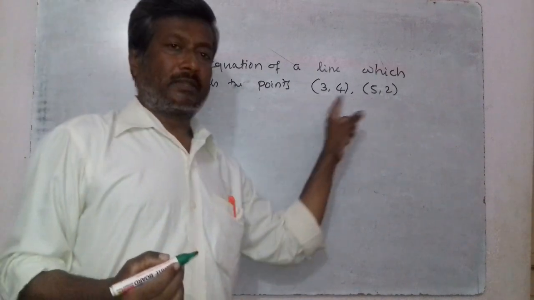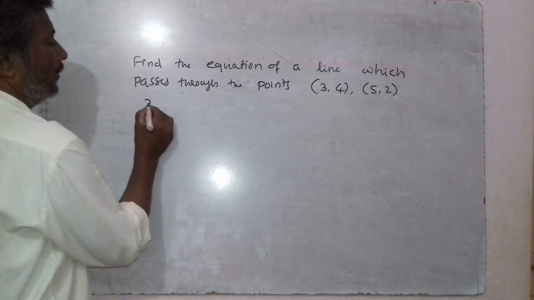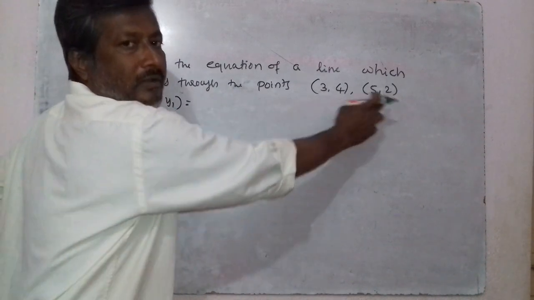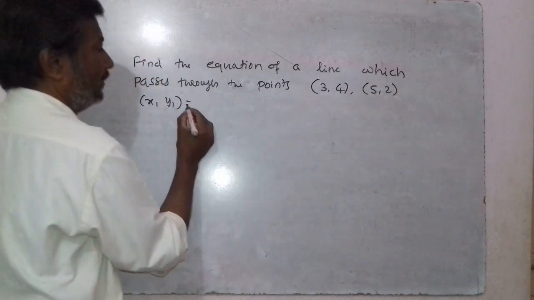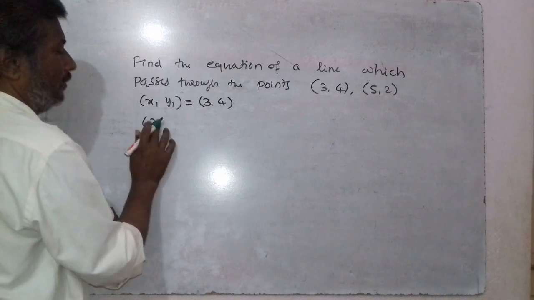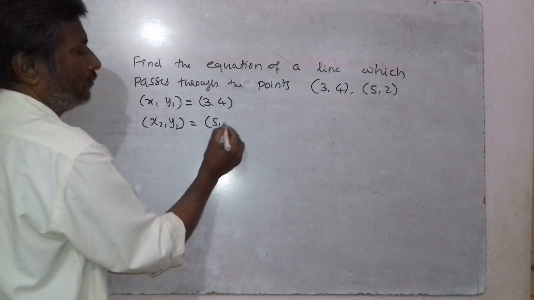So 2 points are given. Therefore, take any one of these as (x1, y1) which is (3, 4), and (x2, y2) which is (5, 2).